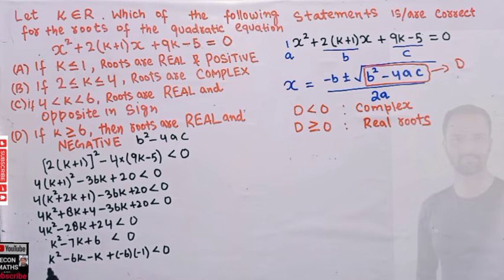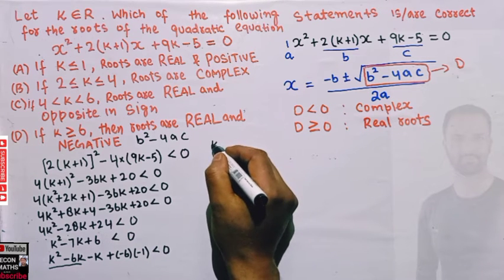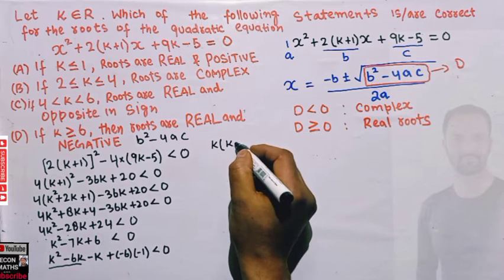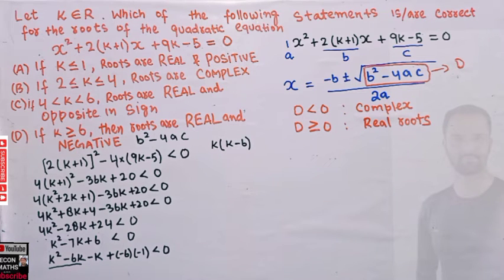So let's take the factors common. In the first two terms we can take k as common, and we are left with k minus 6. Here in the last two terms we can take minus 1 common, because this is minus 1k, here we have also minus 1.